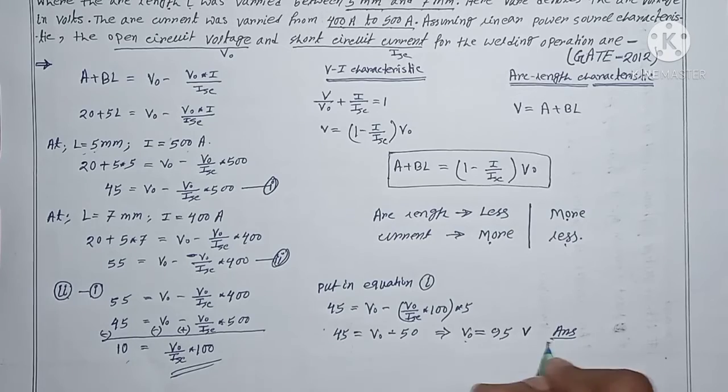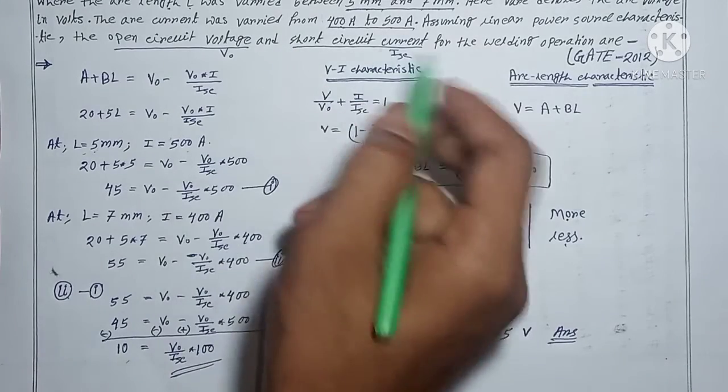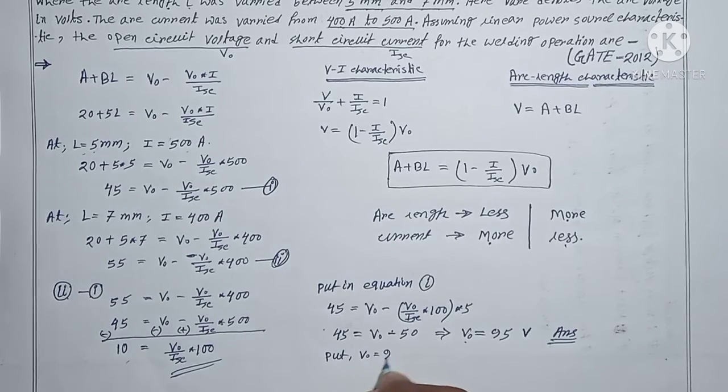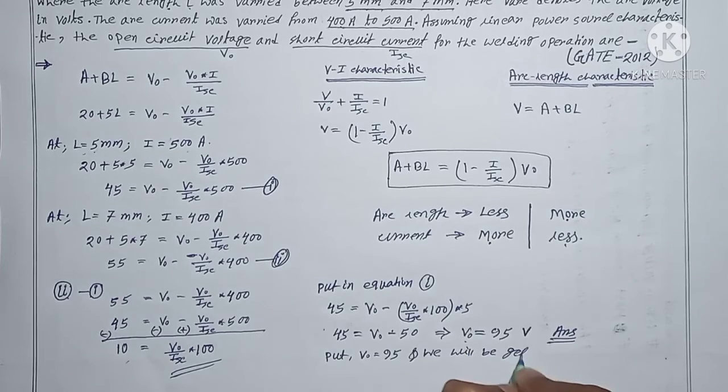This is also our answer, but we also have to find the short circuit current. If you put the value of open circuit voltage here, then you will find it. Put V naught equal to 95 and what will we get?